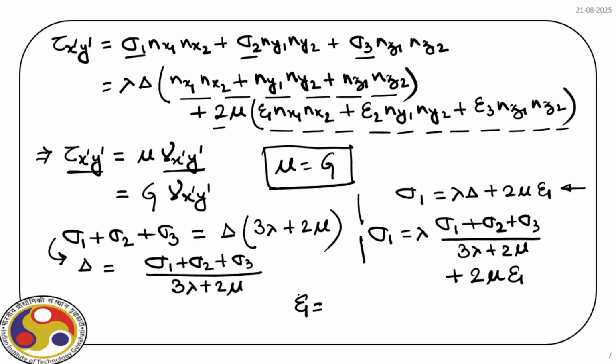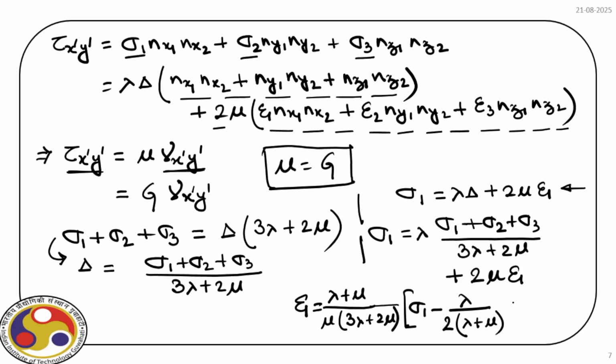If you do that, what we get is lambda plus mu divided by mu times 3 lambda plus 2 mu, and then within brackets sigma 1 minus lambda divided by 2 times lambda plus mu, then within brackets sigma 2 plus sigma 3.